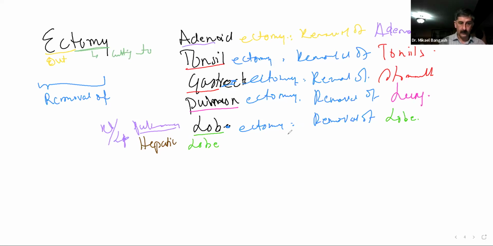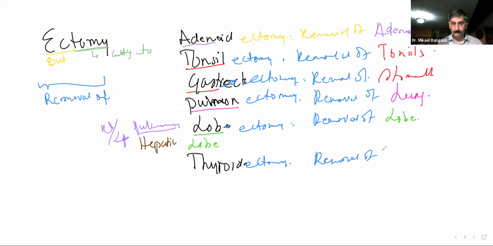We can say, what else can be removed? Thyroidectomy. Again, we can say it's removal of the thyroid.